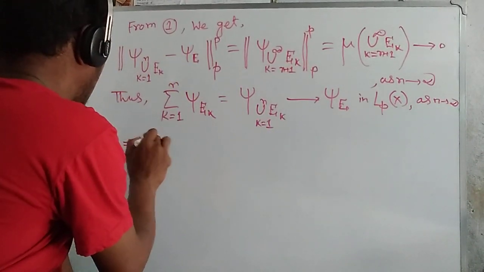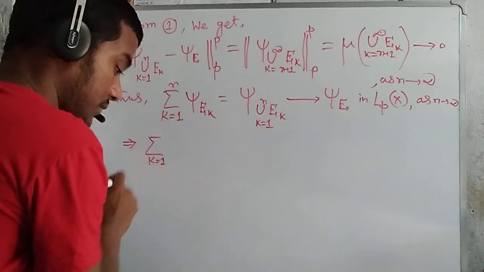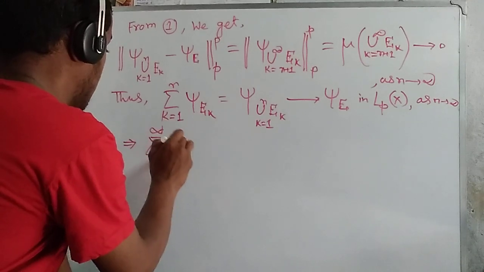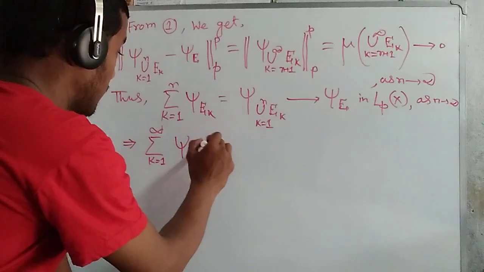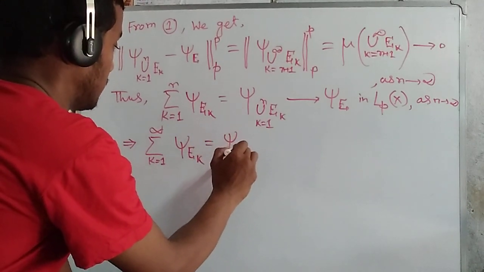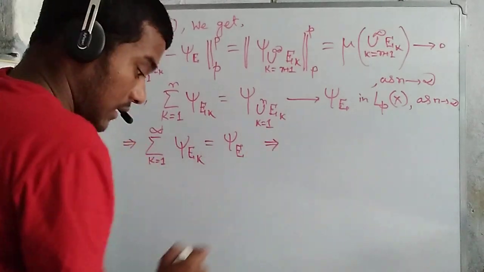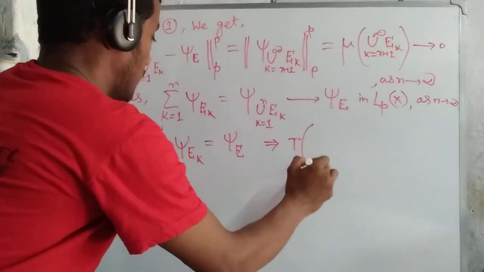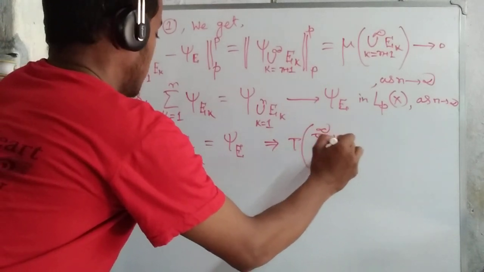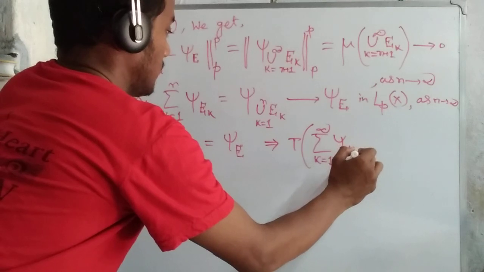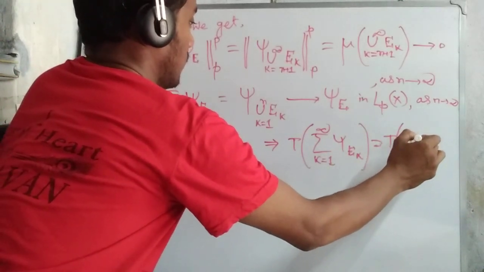This implies that summation k = 1 to infinity psi of Ek equal to psi of E.